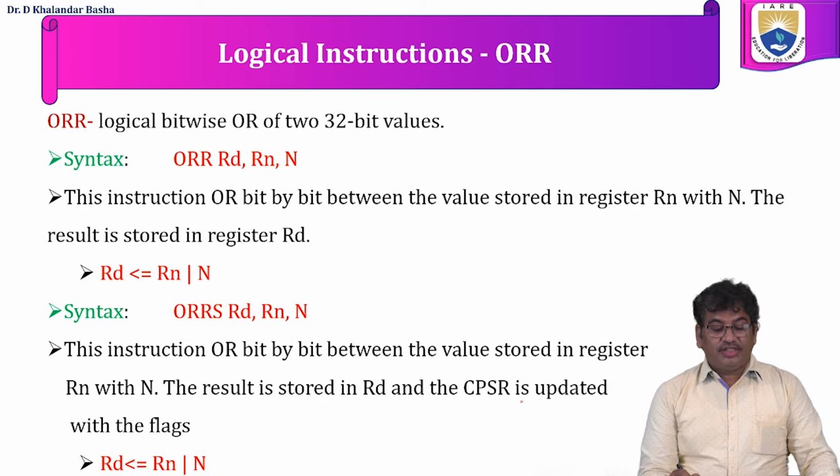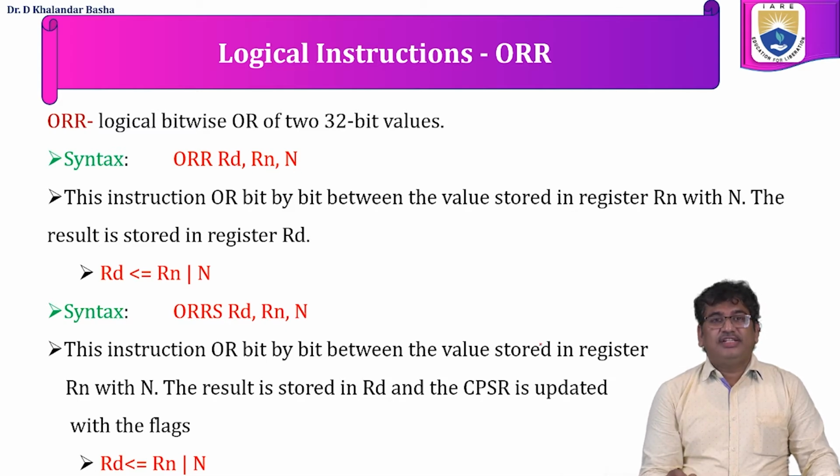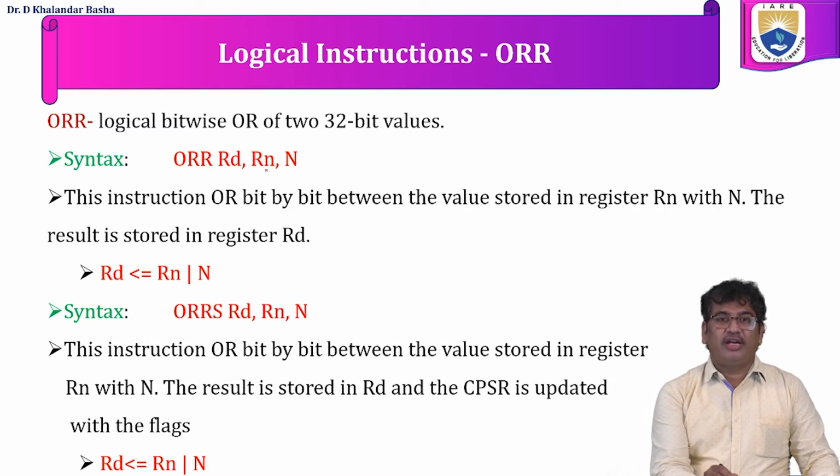The next instruction is ORR. It is logical bitwise OR of 2 32-bit values. The syntax of the instruction is ORR Rd, Rn, N. This instruction will perform bit by bit OR operation between the value which is stored in Rn register with the value of N, and the result will be stored in Rd register.